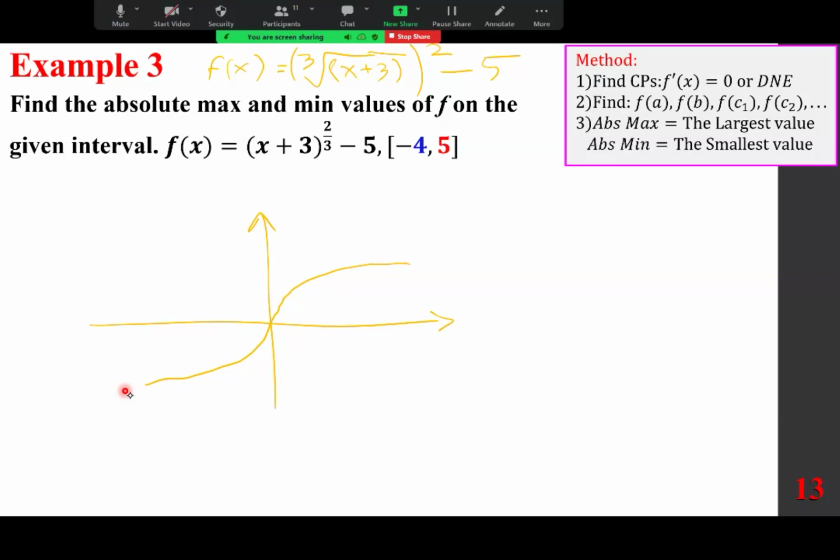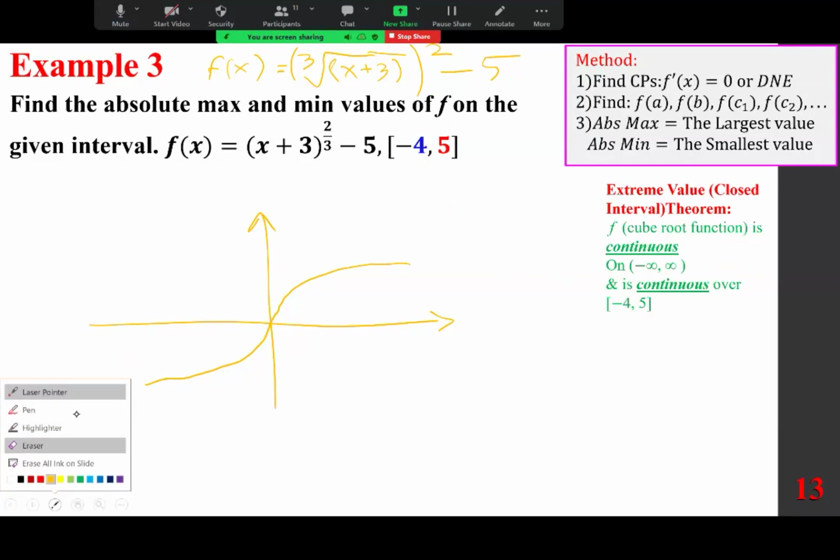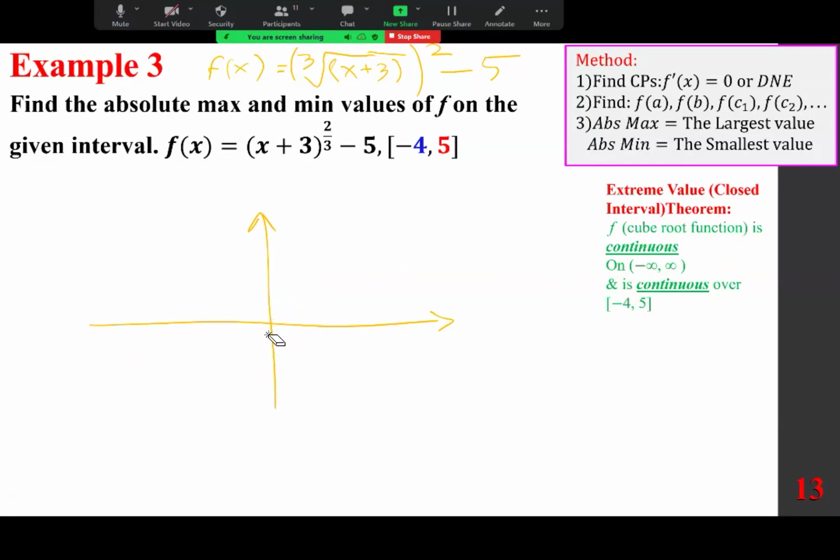So the domain is all real numbers. So to use the extreme value theorem, f, meaning this function, is a cube root function. It's continuous from negative to positive infinity. Therefore, it's continuous in the given interval of -4 to 5.